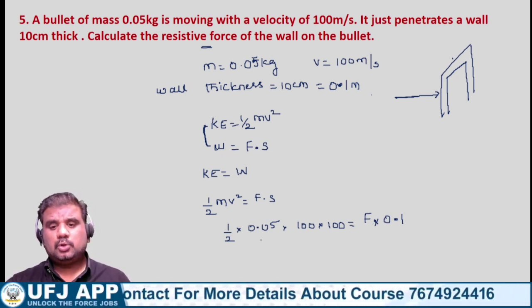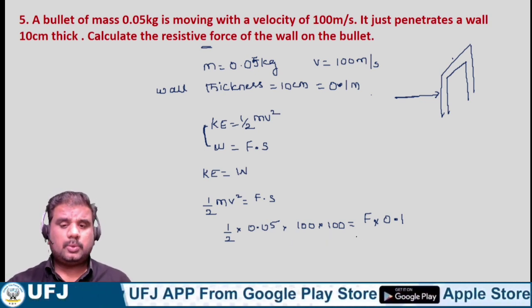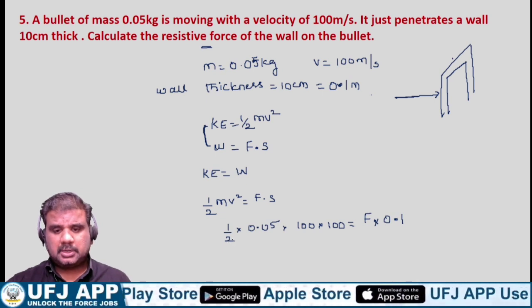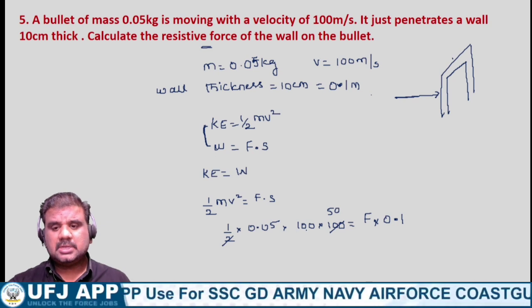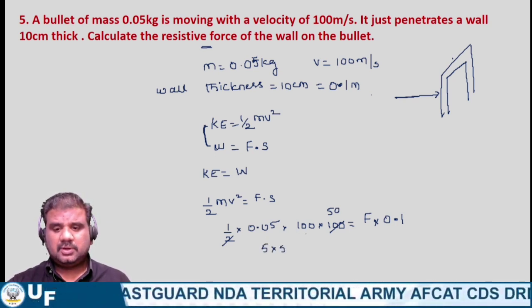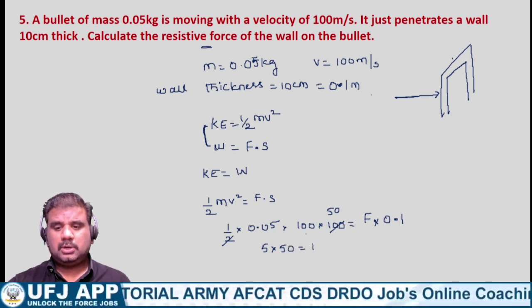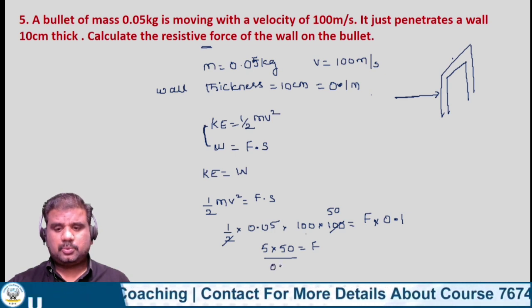So half into 0.05 into 100 into 100 that's equal to F into 0.1. So here in this particular case, 0.05 times 100 is nothing but 5. 5 into 50 equal to F, and here in this case this is divided by 0.1.